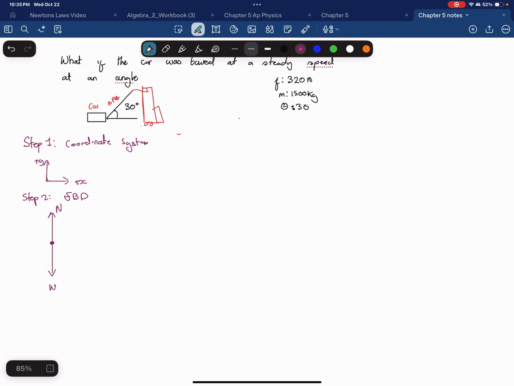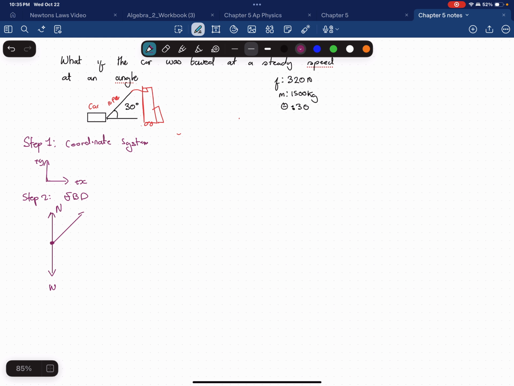But then we also have an angle. So we have the y component of tension in the y direction as well. So we have a tension there.